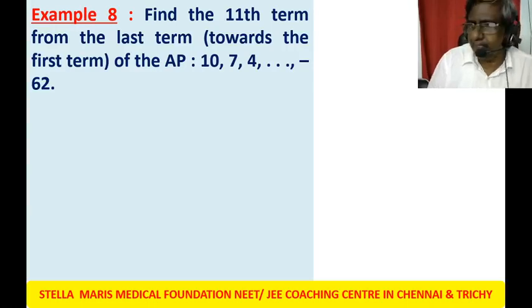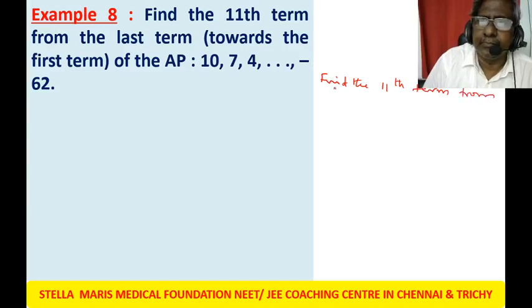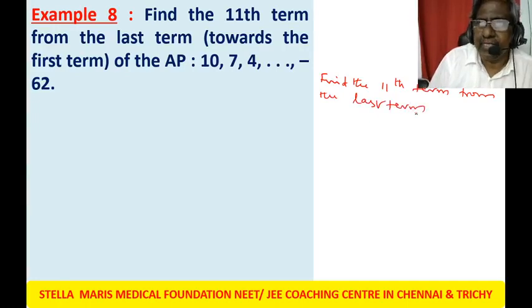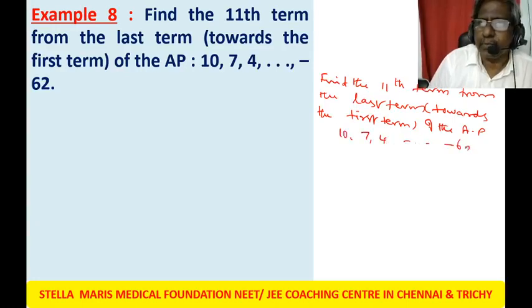See here. Find the 11th term from the last term, from the last term towards the first term, of the AP 10, 7, 4, etc. to minus 62.